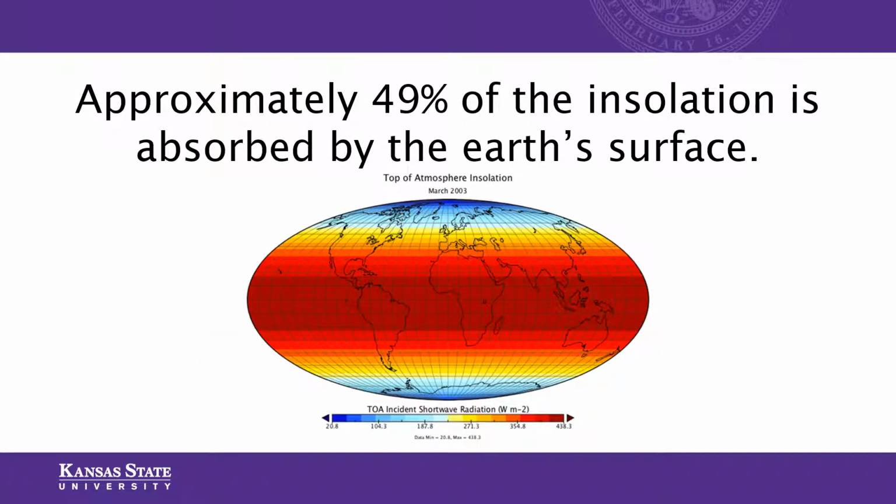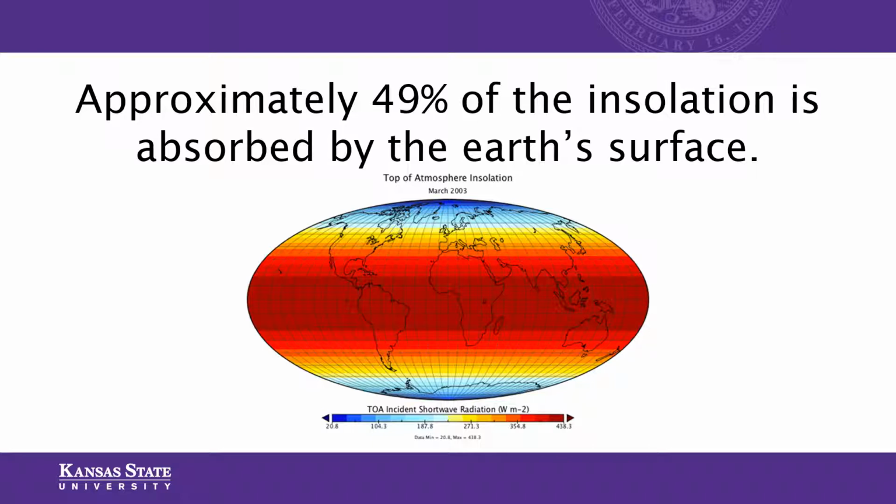So this here is a picture of those maps that are created through satellites and through spectrometers. It shows how much more concentrated heat is being absorbed at the equator than at the poles.